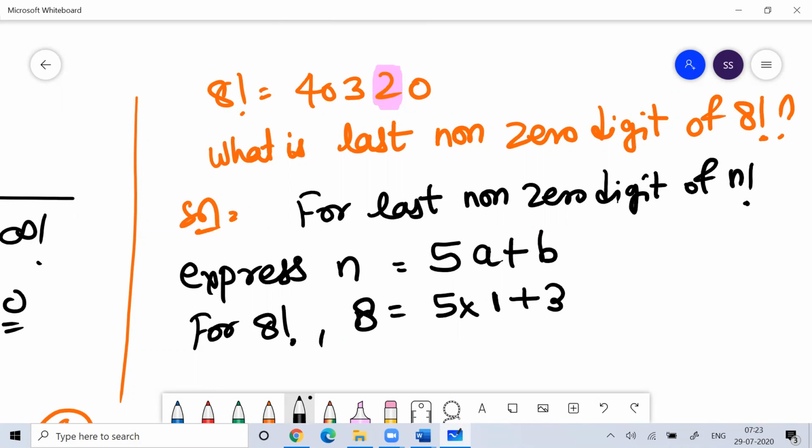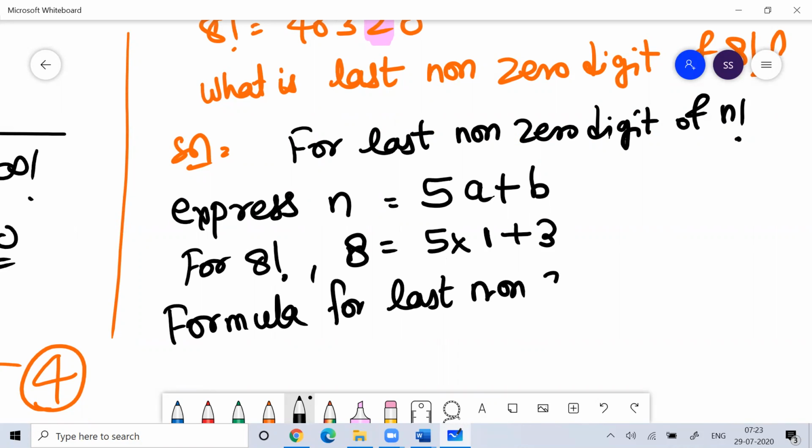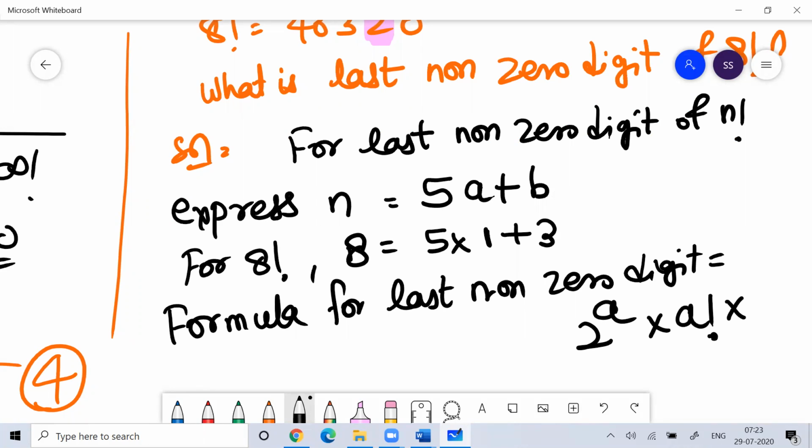The formula for the last non-zero digit is 2 to the power a into a factorial into b factorial. This is your a, and this is your b.